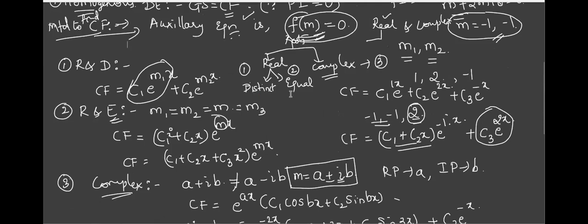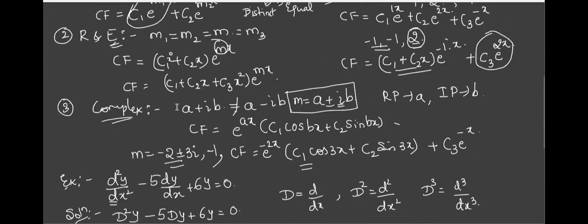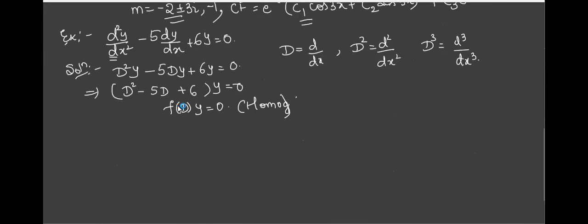Auxiliary equation. So what you need to do is write the auxiliary equation. How to write the auxiliary equation: see this bracket what you have. In this bracket, replace all the D with small m.